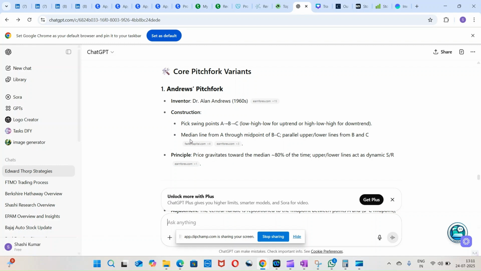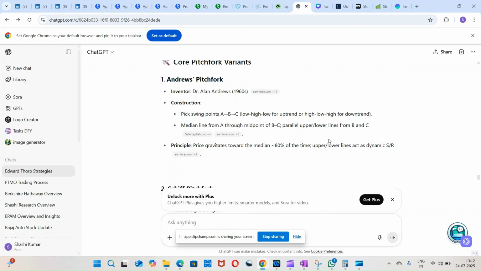Then this pitchfork will draw median lines. It will draw from A through the midpoint of BC a median line, and it will draw upper lines and lower lines also. The principle is basically that price gravitates towards the median 80% of the time, and the upper and lower lines act as dynamic support and resistance.